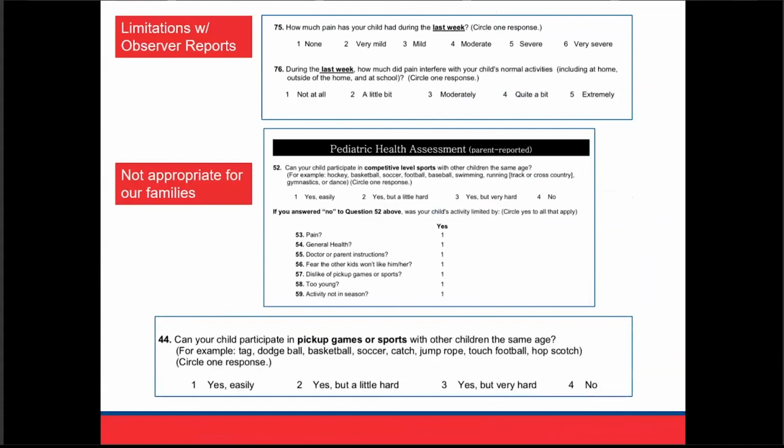And then the other example I show there is we've had families complain about the line of questioning that is not relevant or meaningful for their own child, and in this case, these are questions related to sports. The family felt like this does not really capture what's happening in their own lives, and for lack of a better phrase, felt silly to be answering.